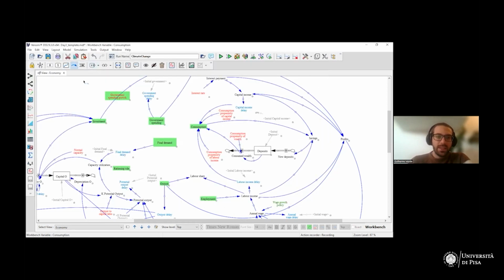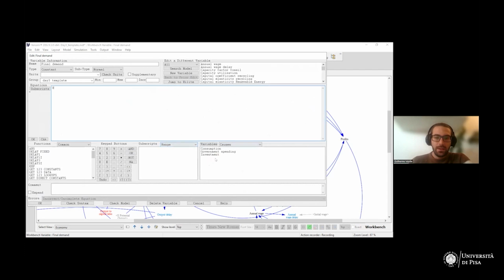So what the exercise is asking us to do is just to take an arrow and connect the variables. It's pretty simple. And then we can open final demand. We're going to see the variables that we connected in this small box on the right bottom part. Before, we had a value of our final demand that was equal to 0.